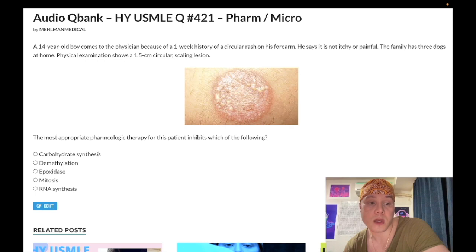Carbohydrate synthesis, 1,3 beta-glucan synthase, cell wall, caspofungin, micafungin. USMLE is not going to obsess over specific uses for those, but they can technically be used for invasive aspergillosis and candidemia. But in general, amphotericin B is the go-to agent for systemic or disseminated fungal infections.